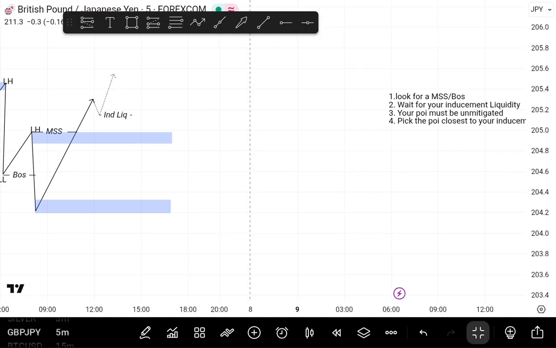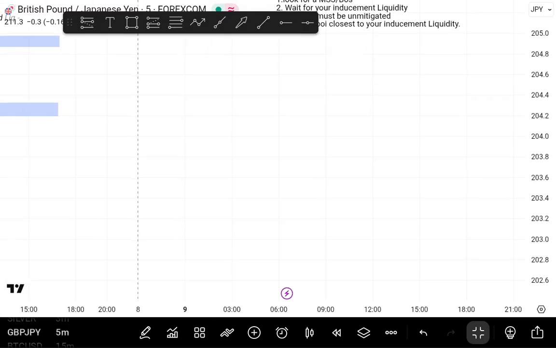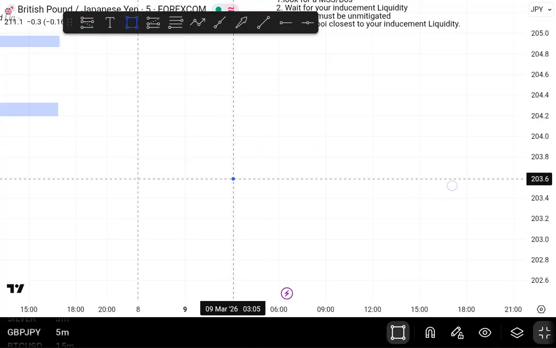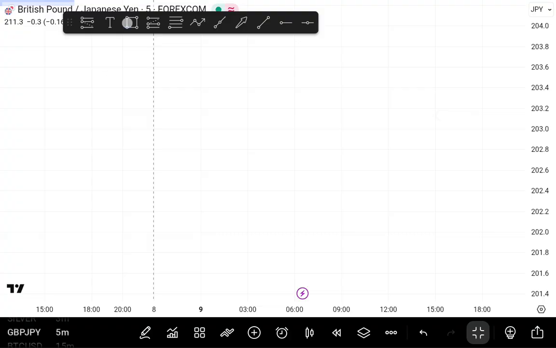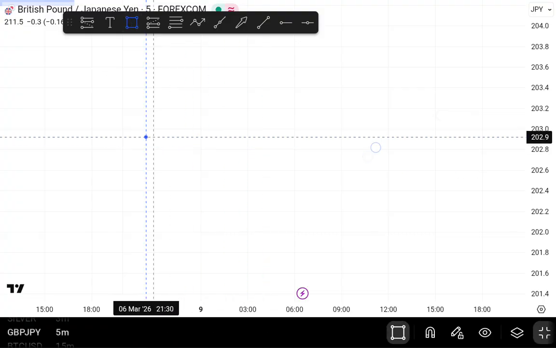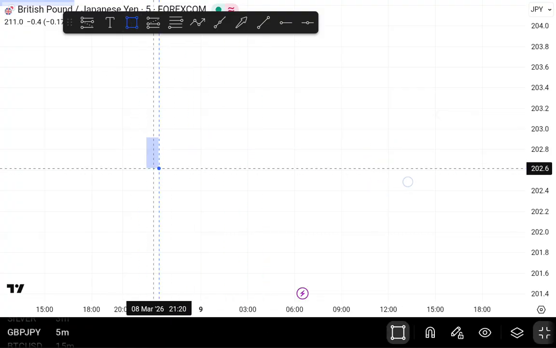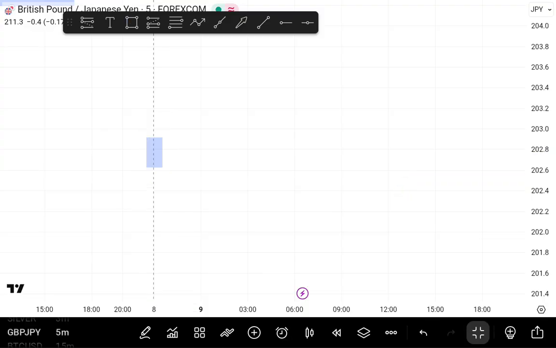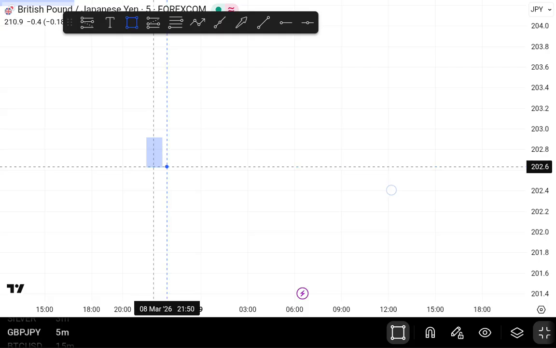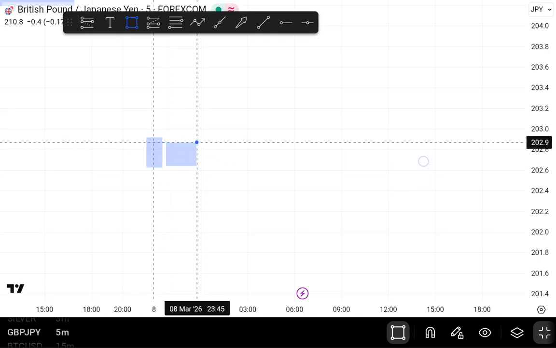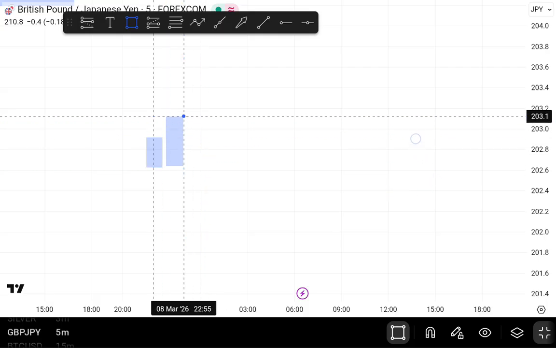So let me explain some candles with order blocks. Another block for a sell, another block for sell or for buy. Let me talk about buyers first. This is a buy order block.